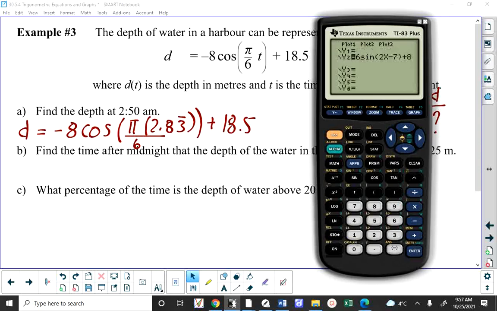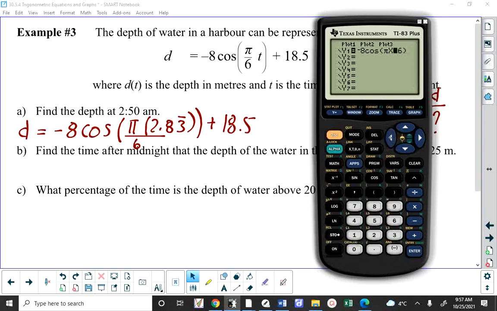Let's graph it. And we're going to need to graph it anyway for the next couple of questions. I'm going to graph negative 8 cos pi x over 6. I could go pi divided by 6 times x. It looks a little clunky, though. I'm entering the function, though, so where you divide by 6 is up to you.